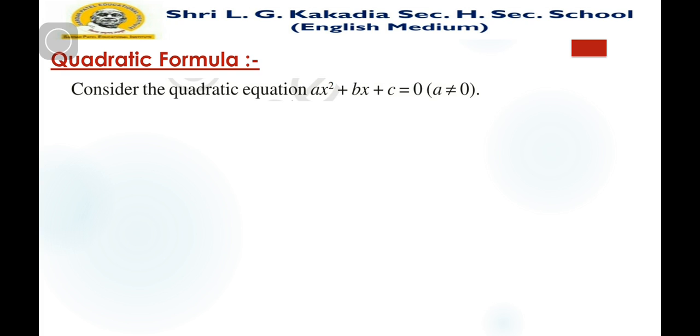Here the coefficient of x square is a, the coefficient of x is b, and the constant term is c, where a, b, c are real numbers. With the help of these coefficients, we can find the solution of the quadratic equation.